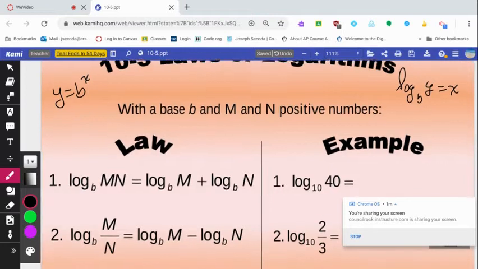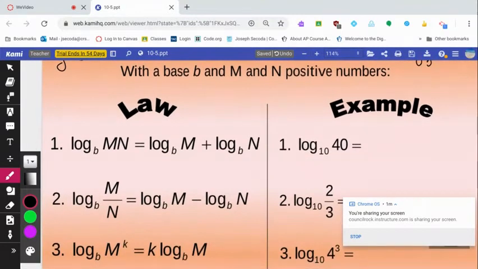All right, so the law is log base b of m times n. It's a product. We multiplied. So therefore, what do we do to the exponents? We add them. We can separate it out and add them. It's exactly going back to what we did in that warm-up.